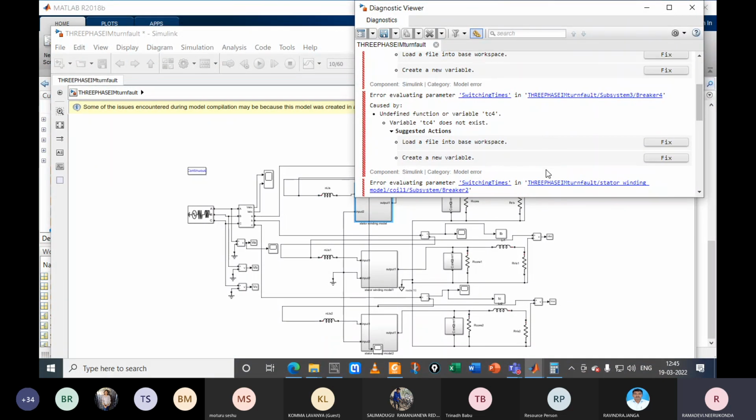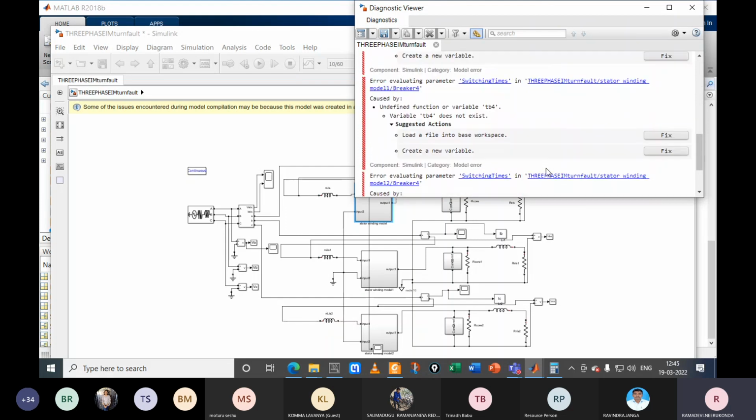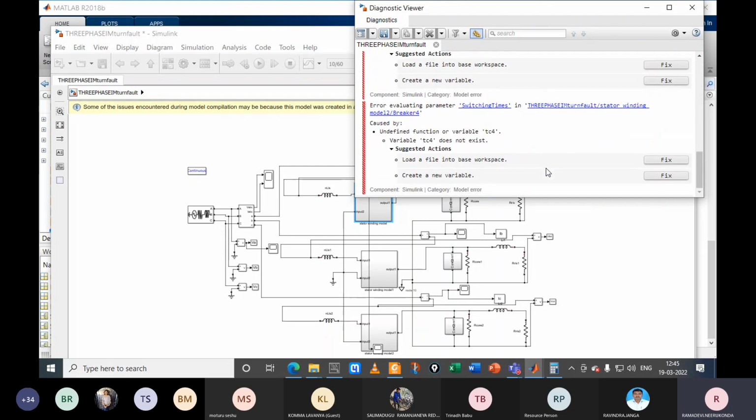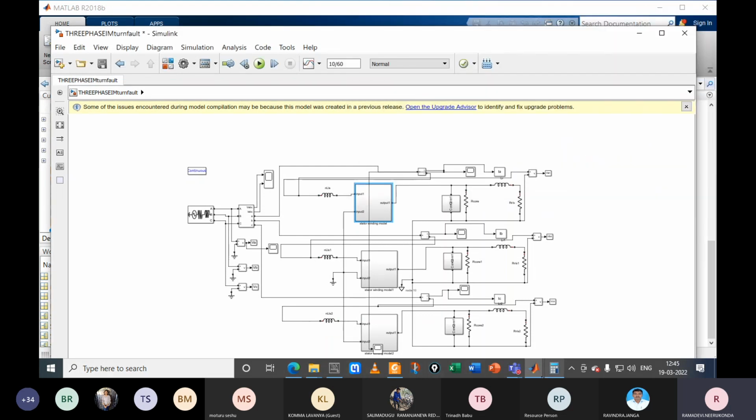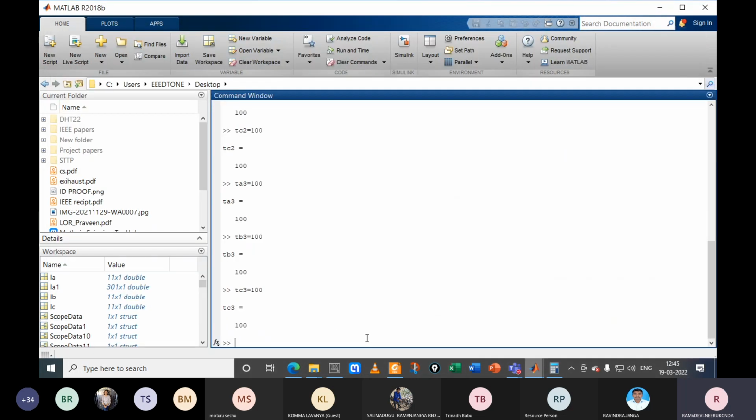TB4, TC4. Okay, so we have some others also, so we give those also. TA4 equal to 100, TB4 equal to 100 and TC4 equal to 100.